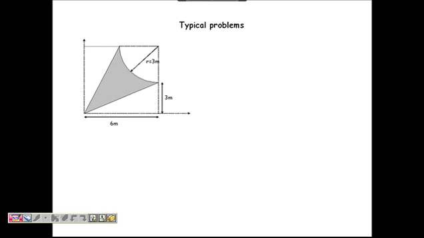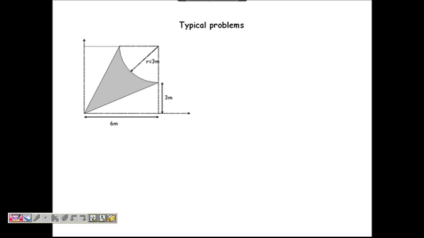Before we actually go to the problem, let's see what is the end objective of our lecture. By the end of this lecture, you should develop a capability of solving a typical problem which has just come on the screen. Look at the shaded portion of the figure.